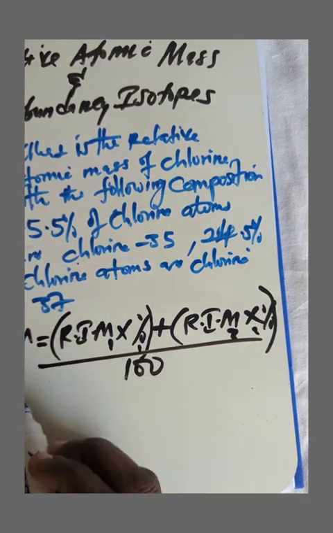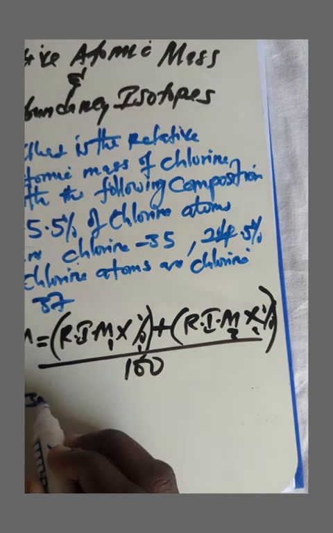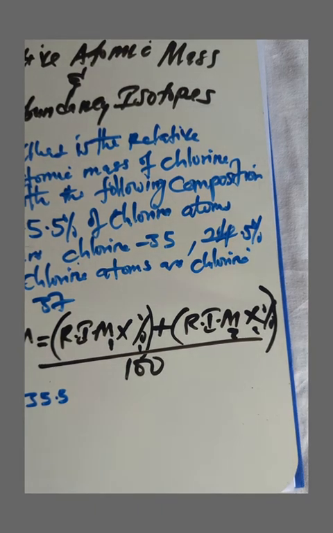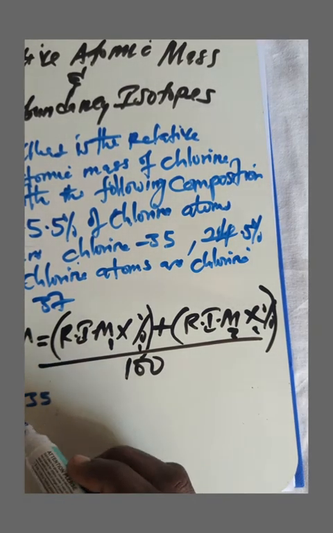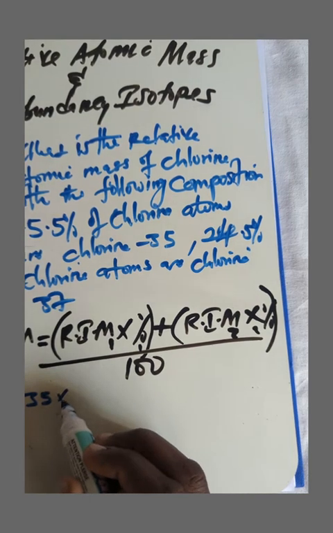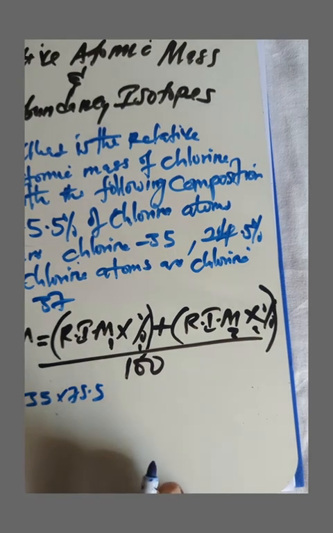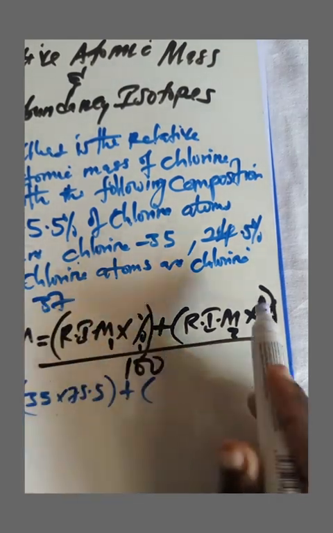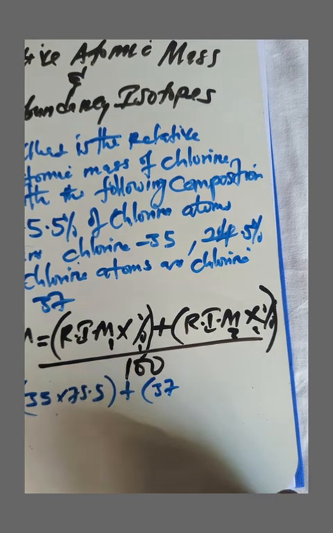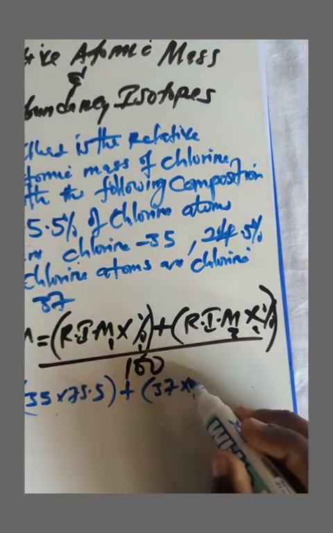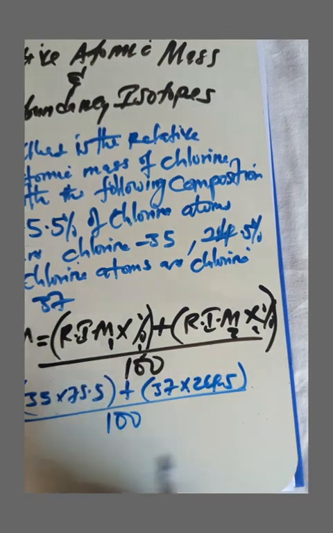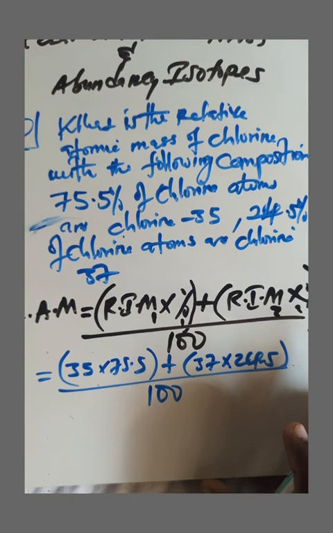Our first isotopic mass is chlorine 35, so we multiply 35 by 75.5%. Then the relative isotopic mass for the second is 37, so chlorine 37 multiplied by its percentage abundance, which is 24.5. Then everything you divide by 100. This is very simple and very interesting.